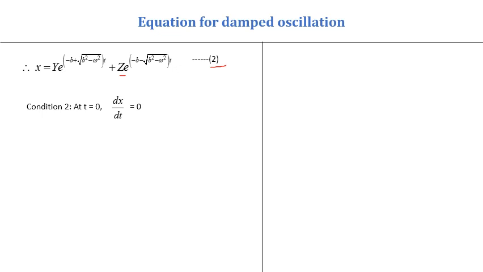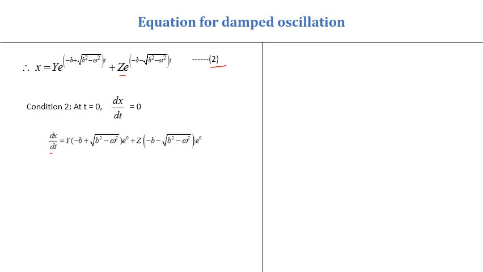So we will get dx by dt is equal to y into minus b plus square root of b square minus omega square into e power 0 plus z into minus b minus square root of b square minus omega square into e power 0.